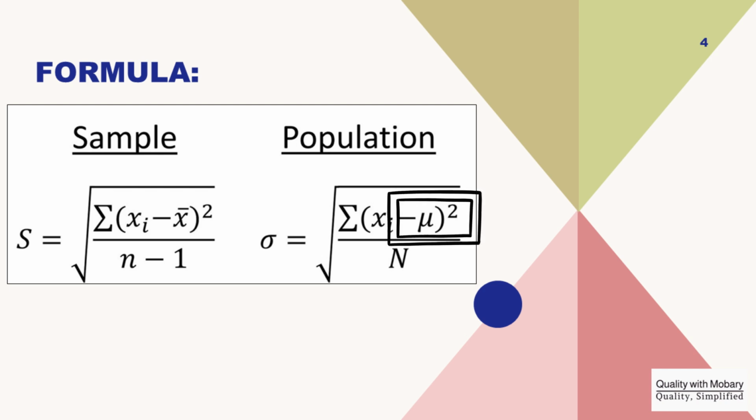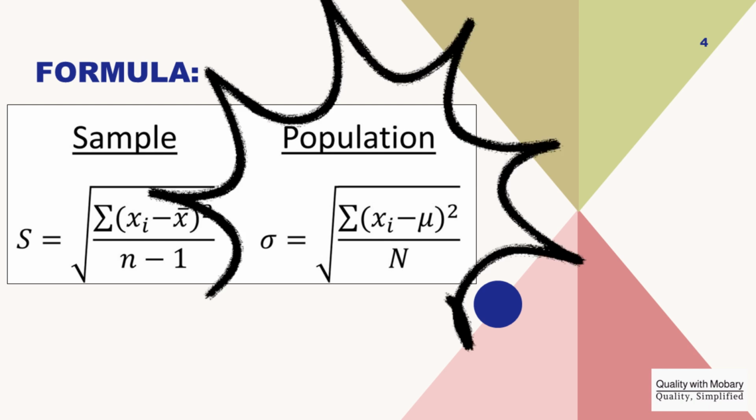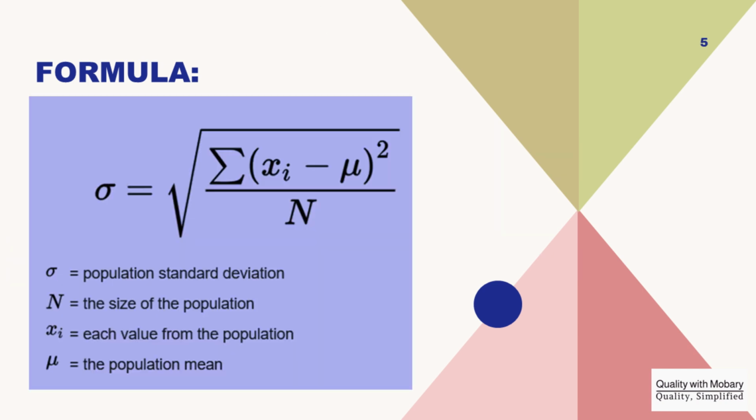And you divide that by an uppercase N, which is the number of the values in your population, right? We're gonna cover an example in this video using this formula, because we're talking about a population in the example later on.